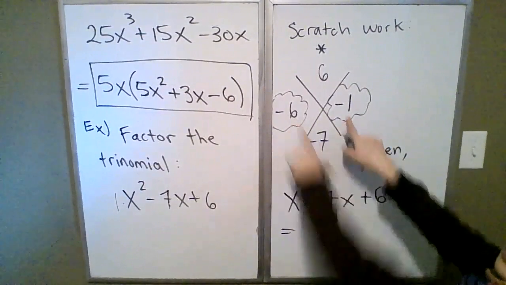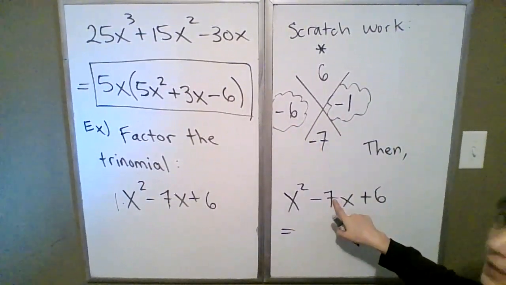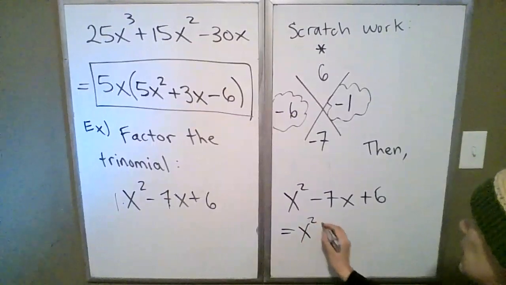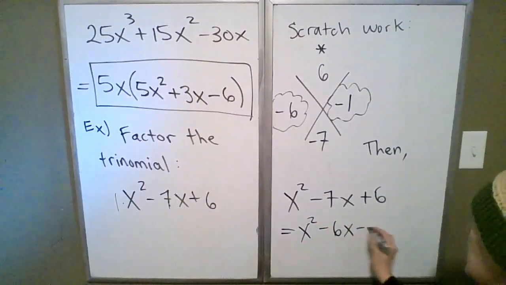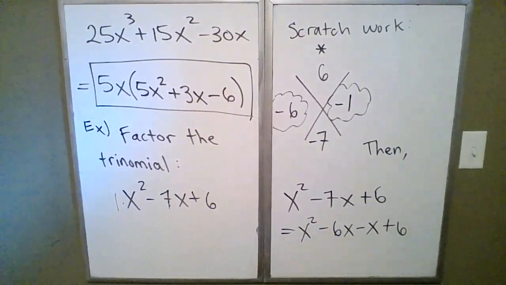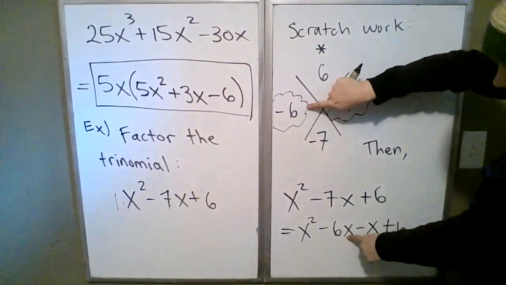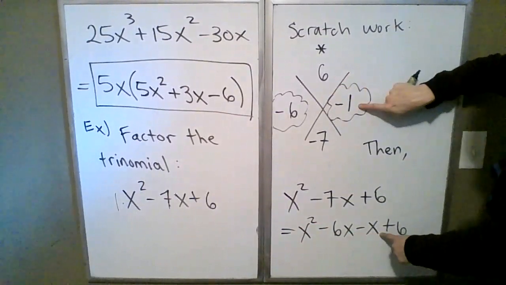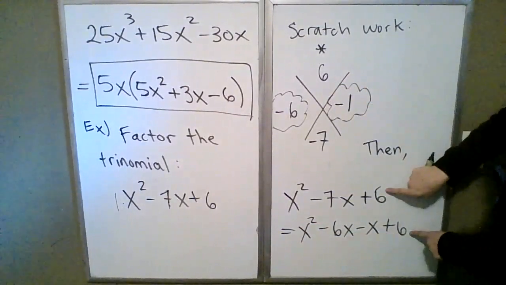I'm going to use these numbers to rewrite negative 7x: minus 6x minus x plus 6. So a negative 6x and a negative 1x, and then just that last piece right there.